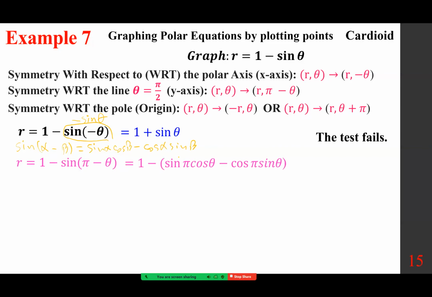As you know, sine of pi is 0, and cosine of pi is negative 1. So this negative times negative makes it positive. 1 minus positive sine theta makes it 1 minus sine theta, and therefore it makes it symmetric with respect to theta equals pi over 2.